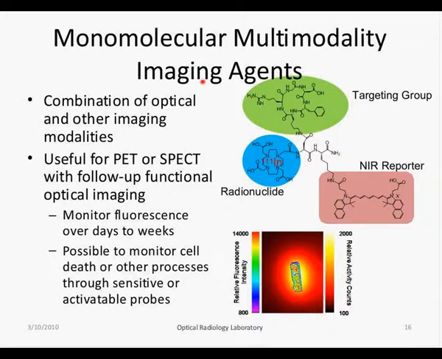And in this recent example, a monomolecular imaging agent was developed that had a targeting group. Here's the cyclic RGD sequence with a radionuclear chelator, and using NGM-111 again, and a near-infrared reporter, all on the same molecule. And this combination allows, as I said, co-registration of the signals.